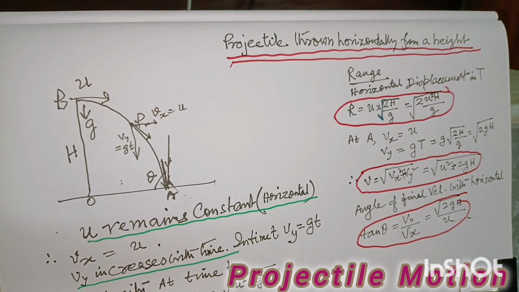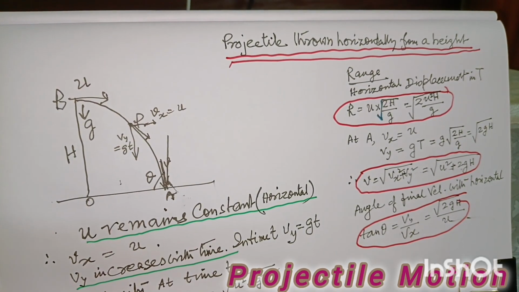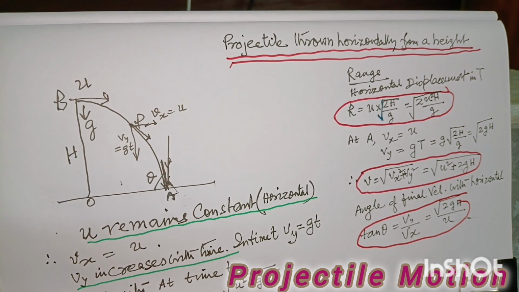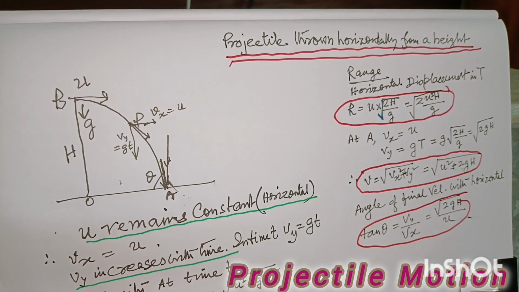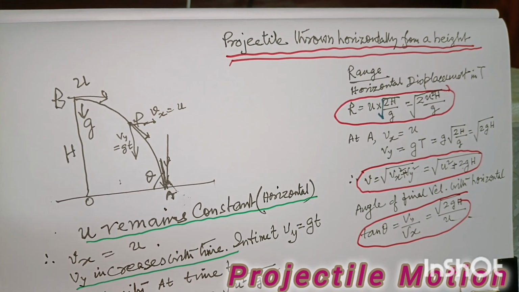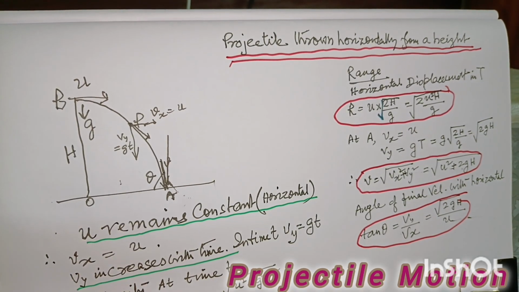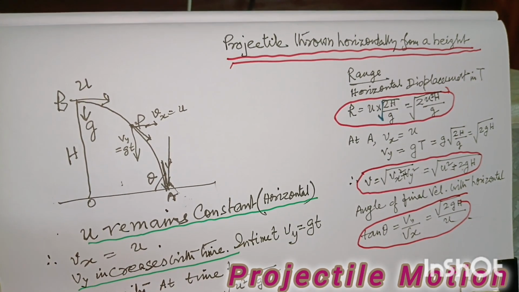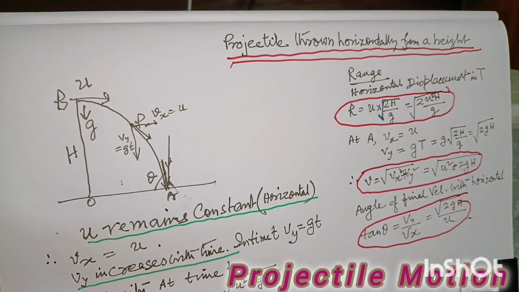Now as it is thrown, it will be affected by g downwards, so it will have two components. One initial component is u horizontally and the vertical component initially was 0. But by the effect of g, the vertical component will increase with time, but the horizontal component will remain unchanged because it is at 90 degrees with the horizontal.